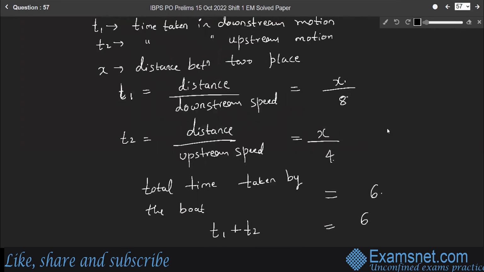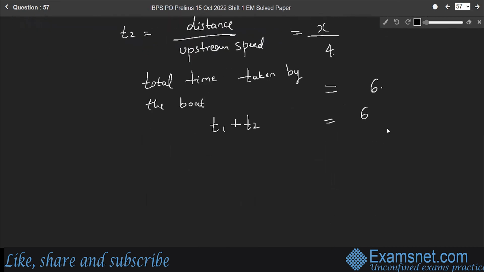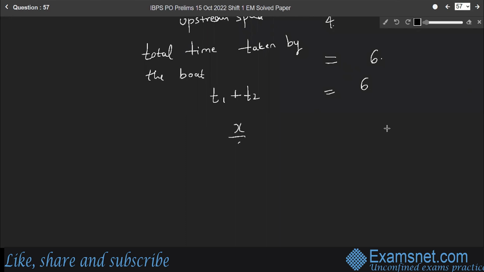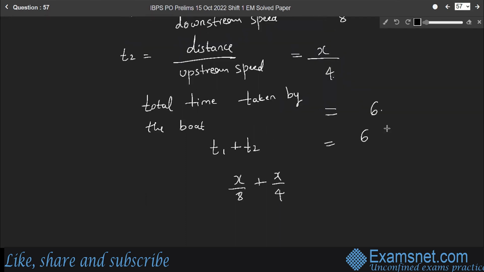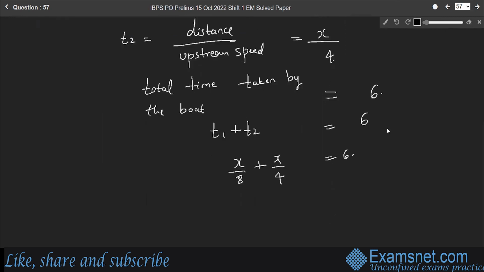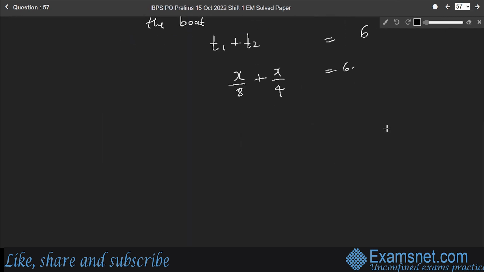So T1 is X by 8, plus T2 is X by 4, equal to 6. Therefore, 8 is the LCM, so we'll take 3X as 8 into 6, X as 8 into 6 by 3.